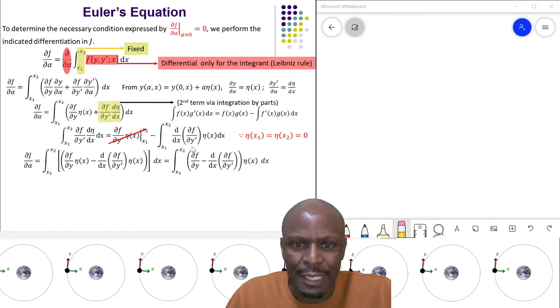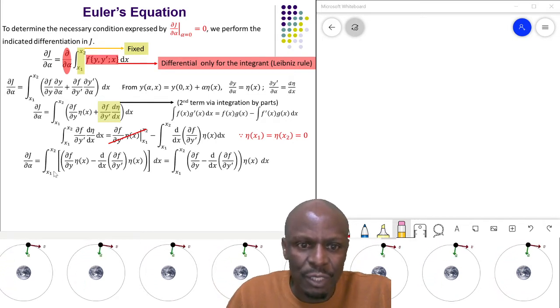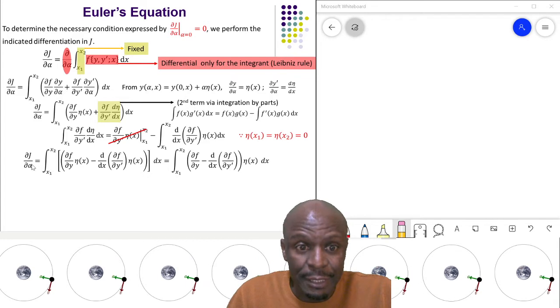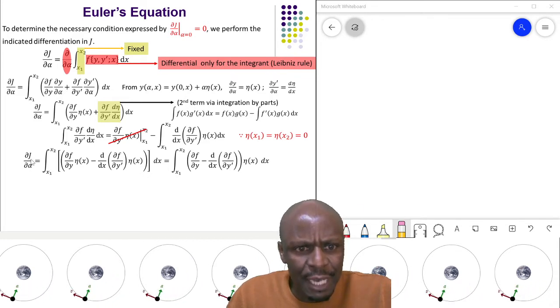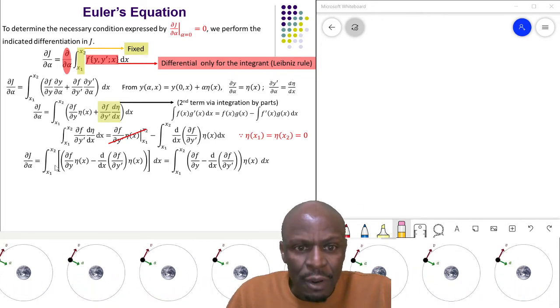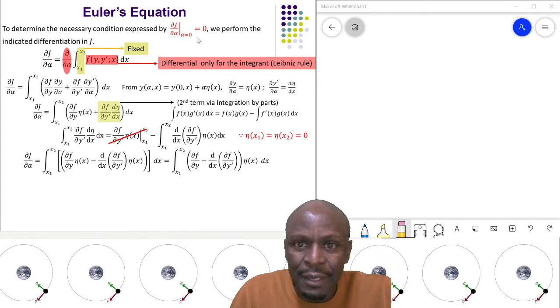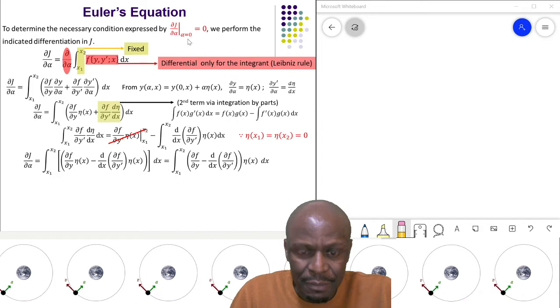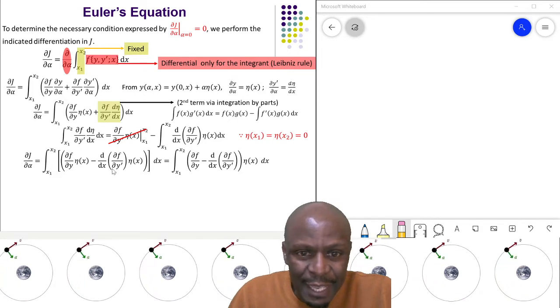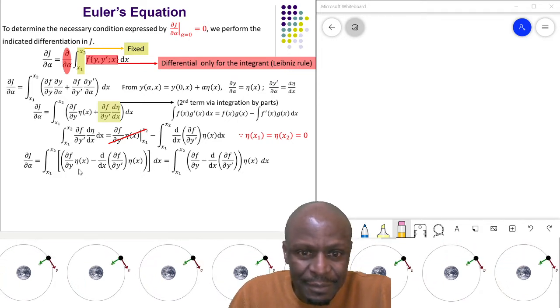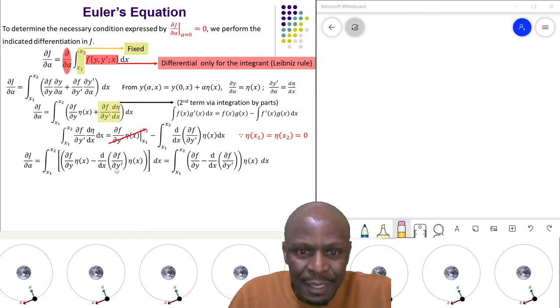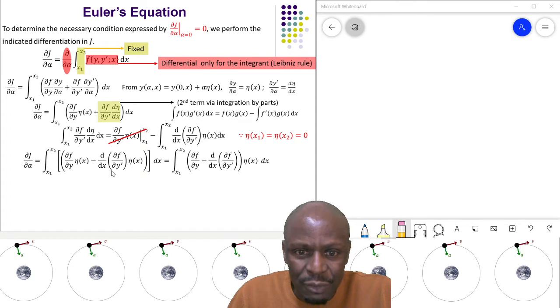Now if you take things and plug them back, this is what you are going to have for the derivative of the functional with respect to alpha. Now for us to satisfy the conditions that we have imposed, the whole thing inside the brackets there must be equal to 0.